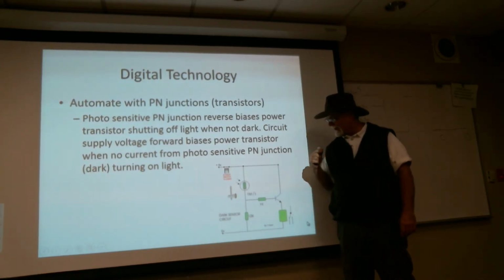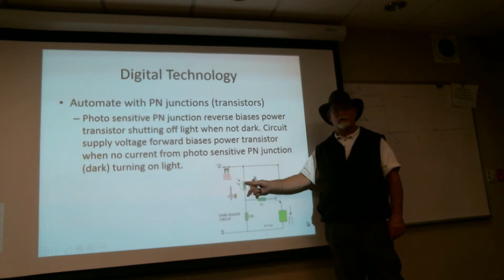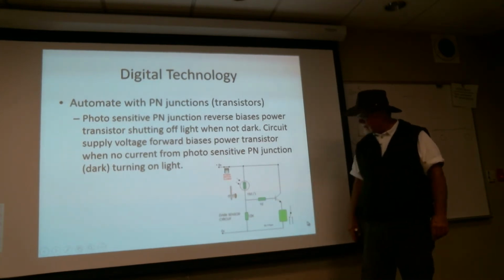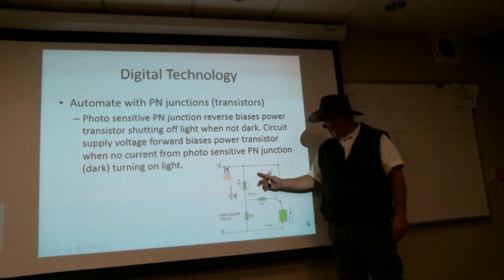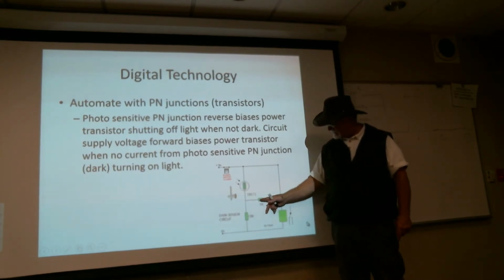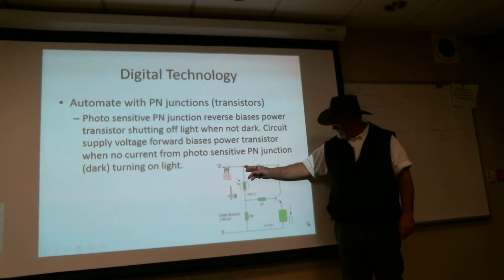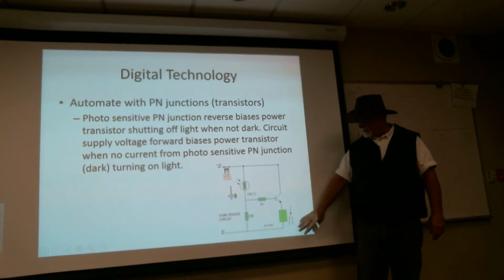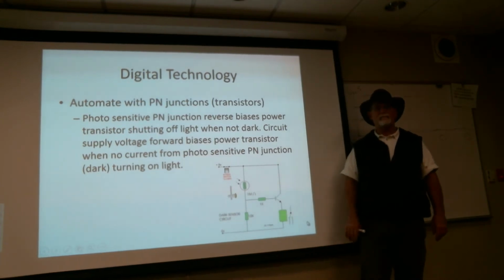And when it does that, it's going to let current conduct. Well, in this case, it looks like light hits it, right? When light hits it, it's going to cause current to start conducting. This being at 10K and that being at 1K, the positive is going to start exposing to the P of this NPN, and it'll turn the light on.